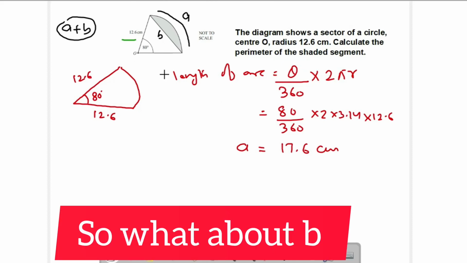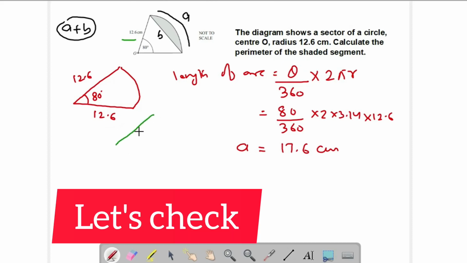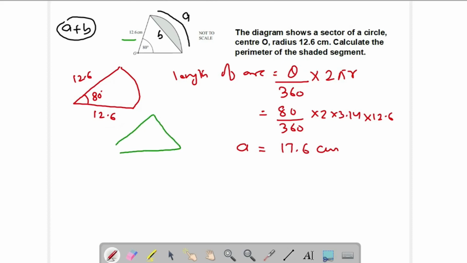Now we have to think about B. If you see here, again I am going to draw the triangle, like this.